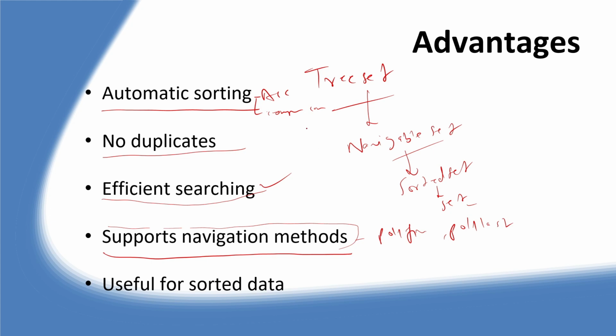And the first point we should remember is that TreeSet provides sorting. So it is useful for sorted data. TreeSet is useful when you always need data in sorted order, without writing sorting logic separately. You don't need to write the logic of sorting separately. It will automatically give you sorting.